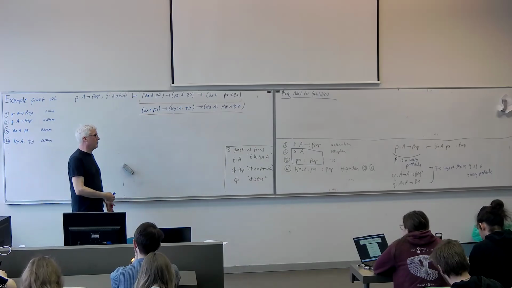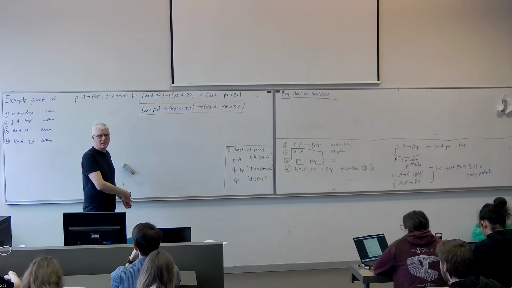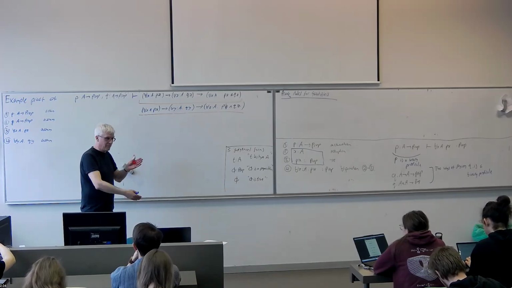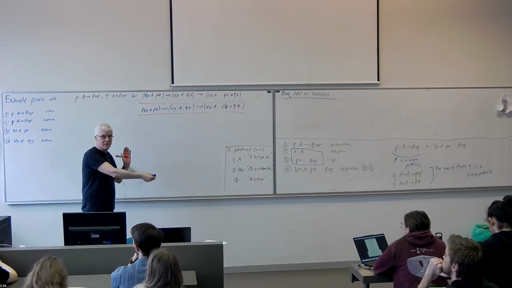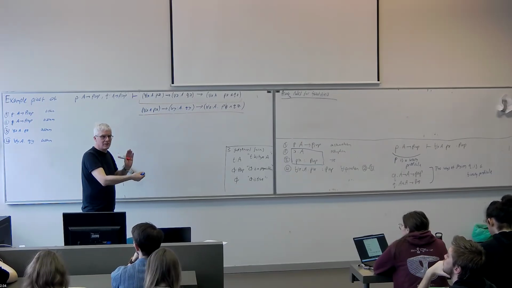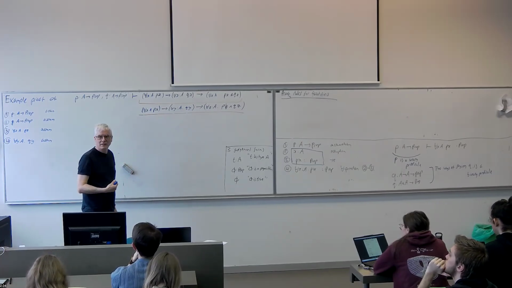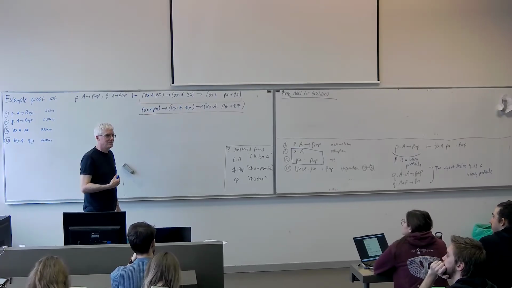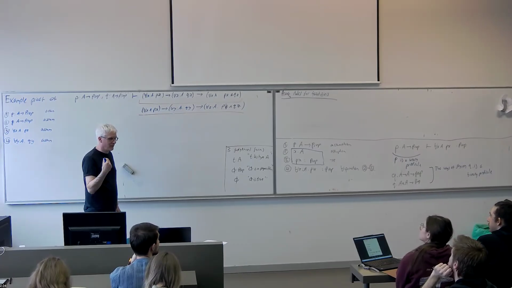Just like we have a canonical way of proving an implication: assume the antecedent, the left-hand side, and on the basis of that assumption, derive the right-hand side. Making that derivation from the antecedent to the right-hand side is tantamount to proving the implication. So what's the analogous thing for a universal quantifier? What's the canonical way of proving a universally quantified statement? Any idea? The for all quantifier, yes, the universal quantifier.